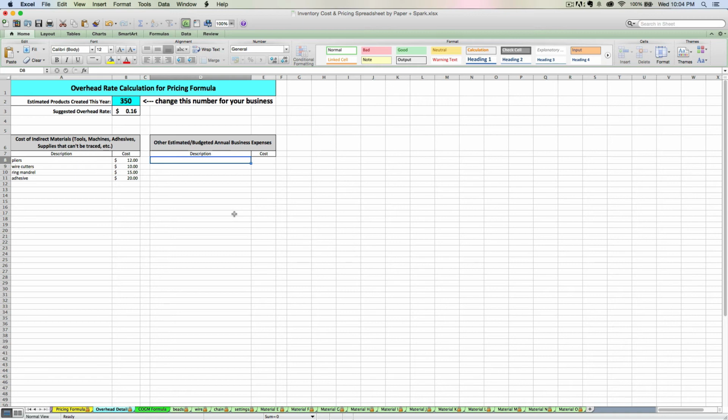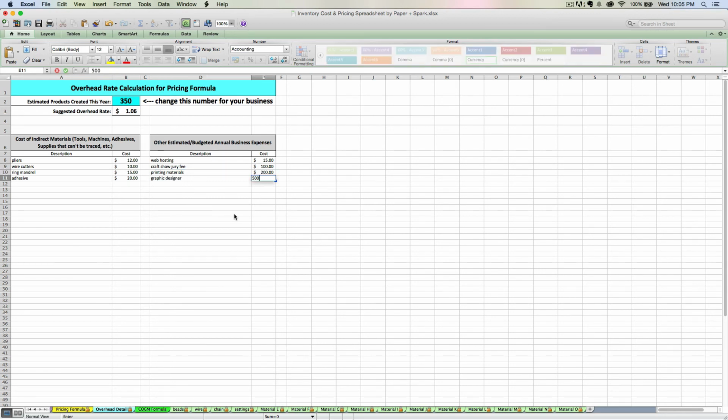And we're going to calculate our overhead rate on an annual basis. So I'm going to enter, hypothetically, 1 year's worth of business expenses here. So I'm going to enter a few things like what I previously mentioned, those examples.